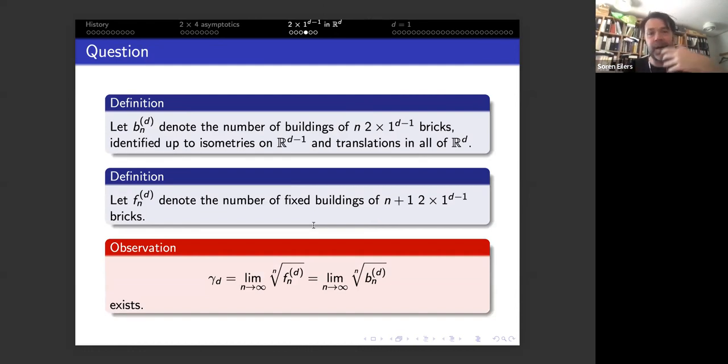I will just say I define the n-dimensional buildings, and I identify them up to what more mathematically you would say the isometries of the first D-1 dimensions. So this is a rigid transformation.